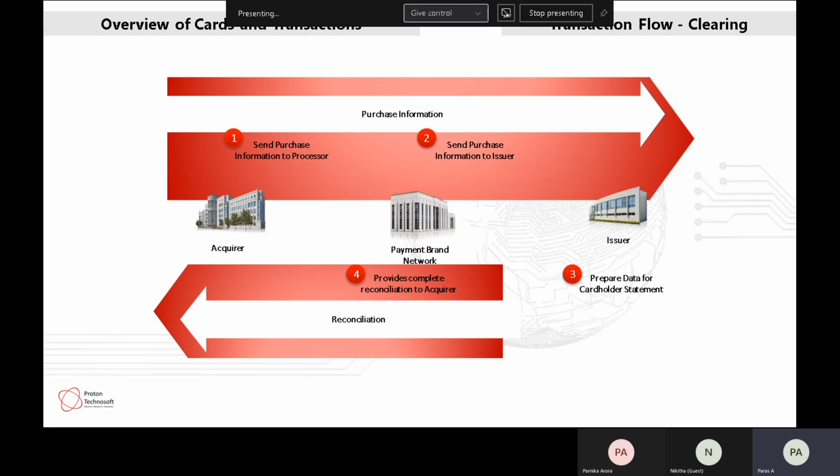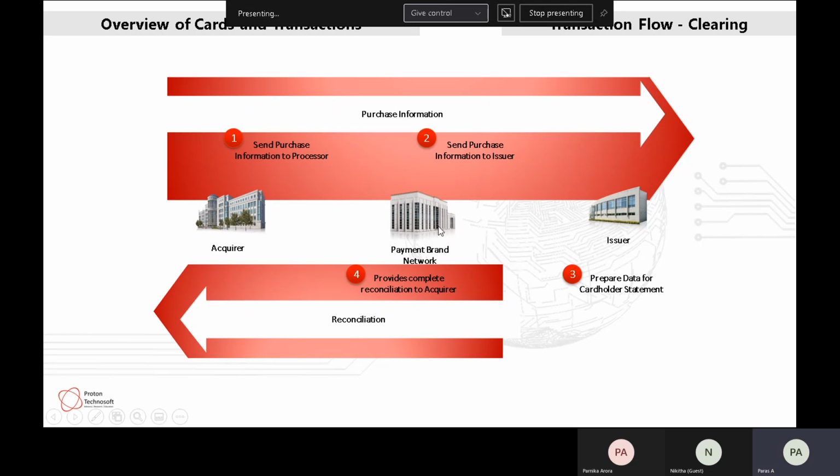So what happens? The acquirer bank, which is HDFC Bank in our example, sends the purchase information to the processor. Again, a payment brand network is utilized because HDFC doesn't know how to connect to ICICI directly. So HDFC reaches to Visa and says, I have a 100 rupee transaction to clear with ICICI Bank.